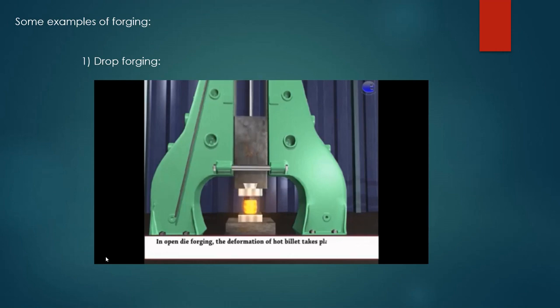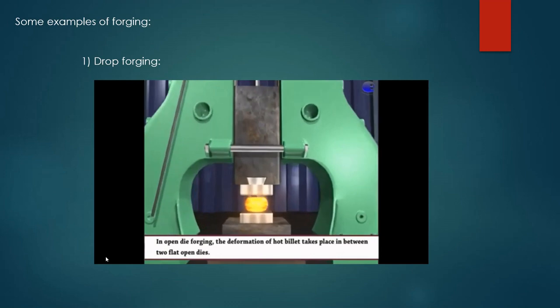Thus this deforms the metal job to the required shape. As you can see here, the job which is created is simple in structure, so we can conclude that the jobs we can create from drop forging are simple, and complex ones need another process.